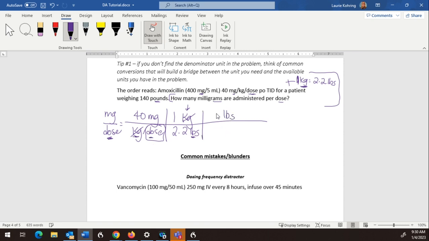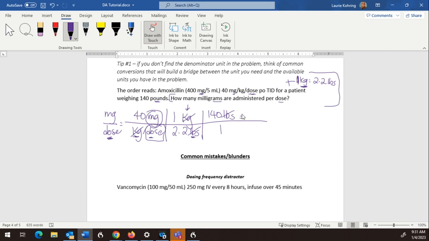So now I'm going to look for it in the question, and I have this 140. And remember, weight is a bachelor, so we're just going to place it over a 1. My pounds will cancel out, and now I'm finally to my stop unit here, and I have milligrams on the top, so I can go ahead and multiply across and divide by the bottom.